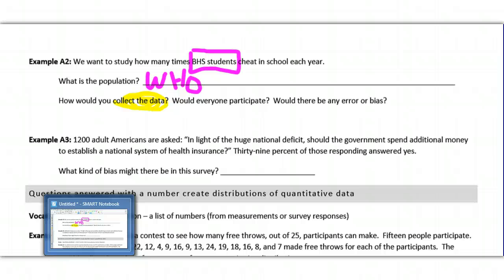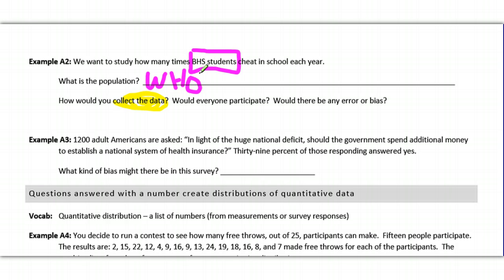Or maybe they didn't see or catch students cheating very often, so maybe the reported information would be too low. Especially when you're trying to measure things like cheating, where students are less likely to tell the truth and teachers are less likely to necessarily know, there's going to be a lot of bias and error. So yes, absolutely. There's going to be plenty of bias, plenty of error.